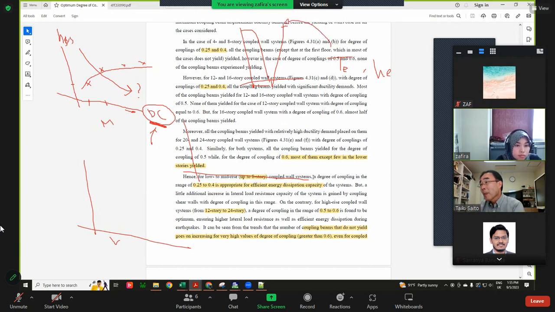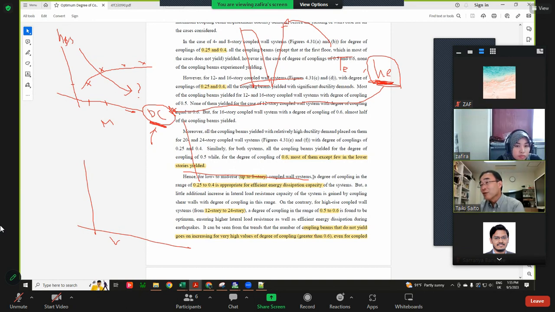So you can control displacement by damping, but the damping is also related to the degree of coupling, maybe.